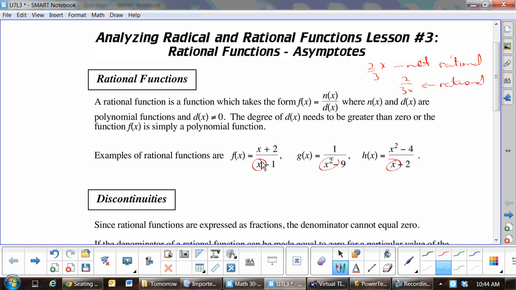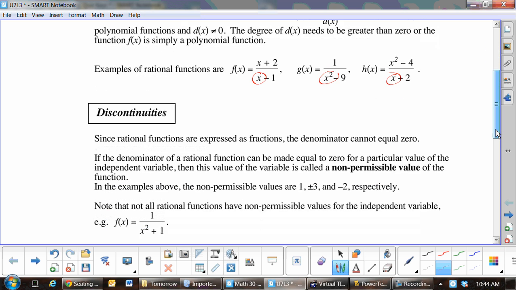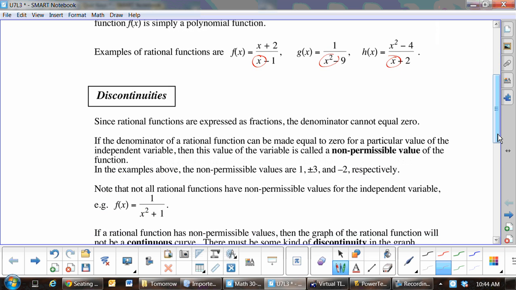Now, when you have x's on the bottom, you will run into discontinuity. In other words, you have to pick up your pencil to draw the graph. So if you were drawing the graph, you would actually have to pick up your pencil to keep going with it.